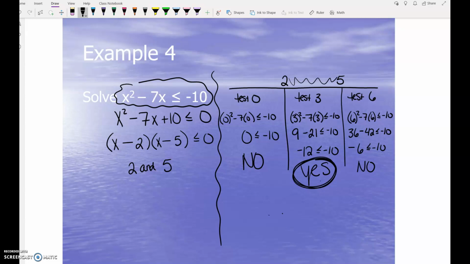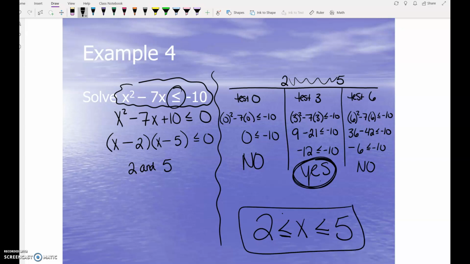So our solution is 2 is less than x is less than 5. And then look back at the original symbol. The original symbol was less than or equal to, so we are also going to include those critical numbers in the solution. So 2 is going to work, 5 is going to work, and all of the numbers in between 2 and 5 will work.